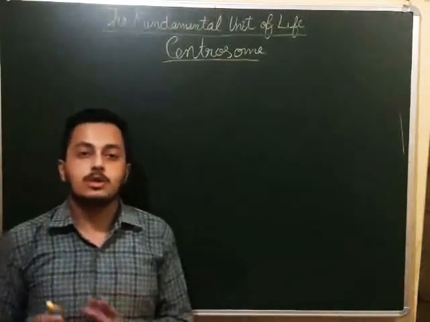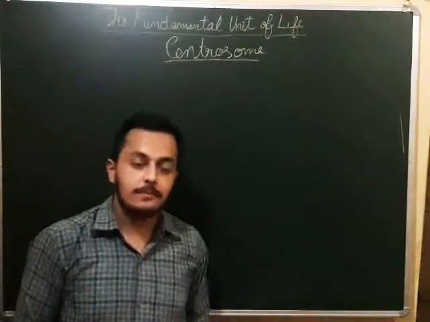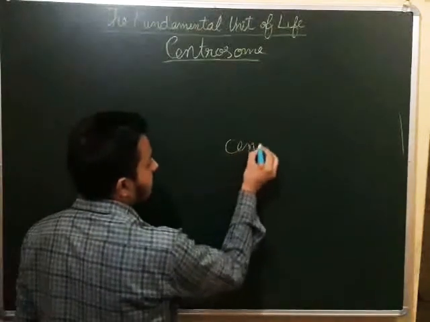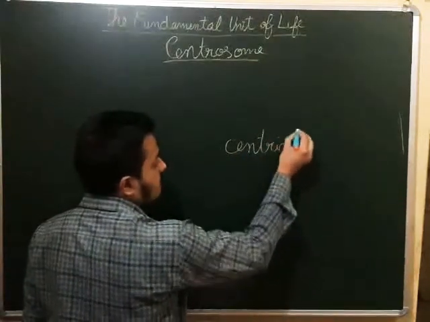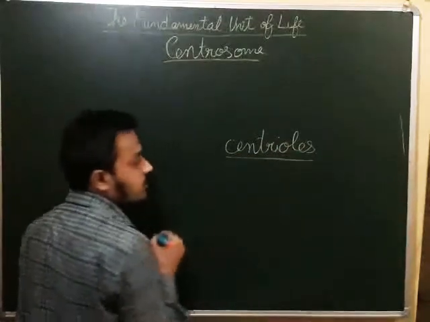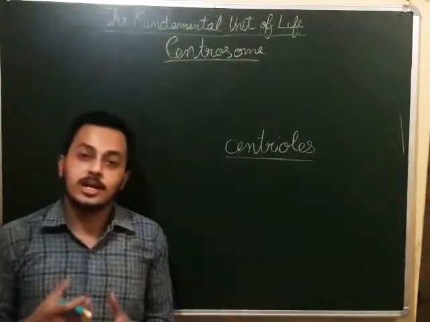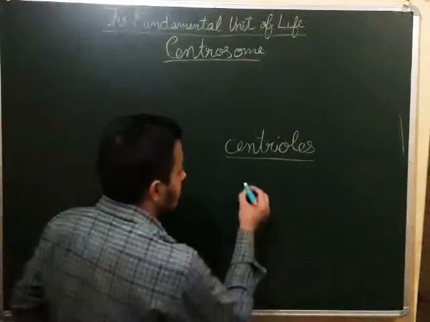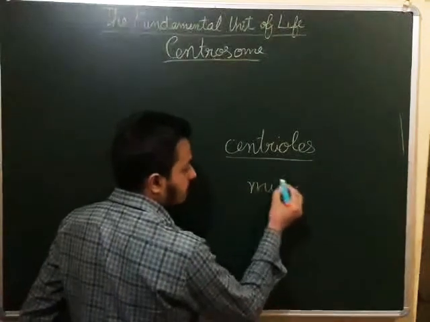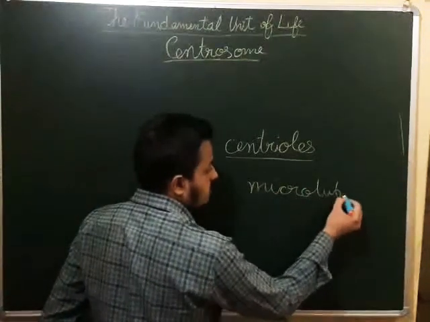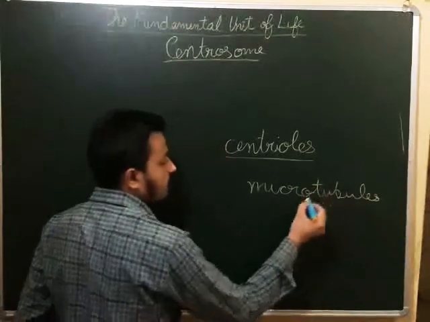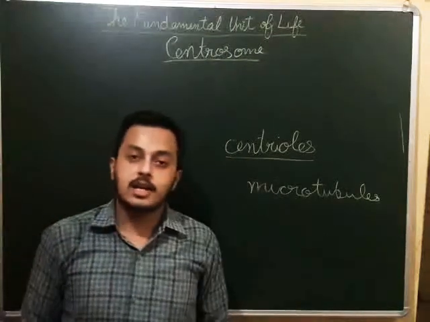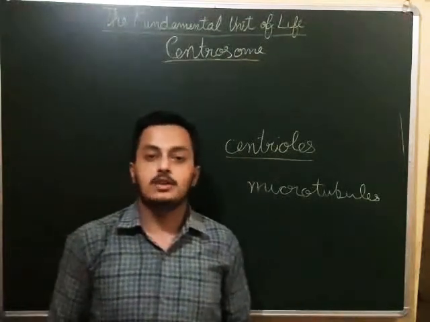It is not bounded by any layer, and it has granule-like structures called centrioles. These centrioles are made up of very thin tubes known as microtubules. The function of the centrosome arises during cell division, where it helps in the formation of spindles.